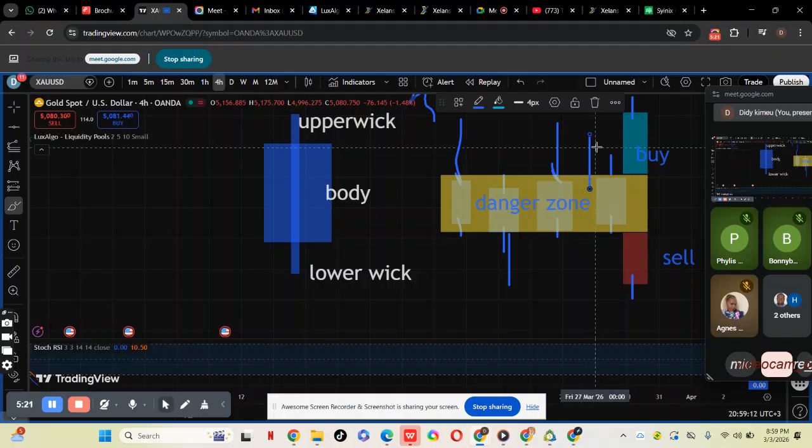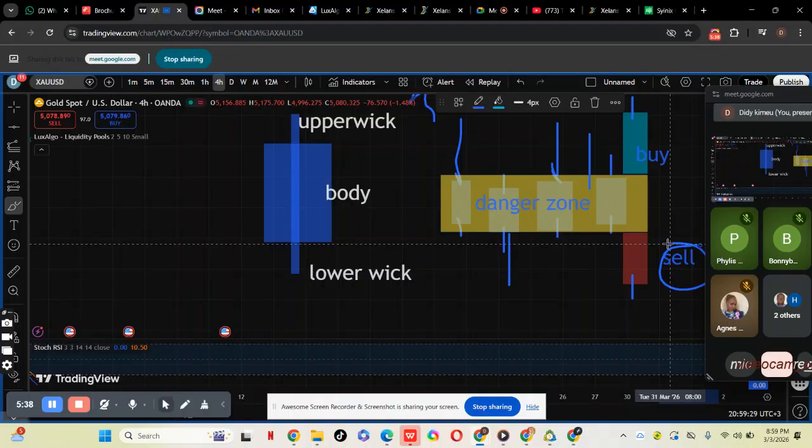The only confirmation we are waiting for is the candle to close above this region, and that will be a confirmation for a buy. If we get the opposite, the candle closes below, that's a confirmation for a sell. So you go to your MT5, your MetaTrader, and you place a sell. I don't know if we are together.